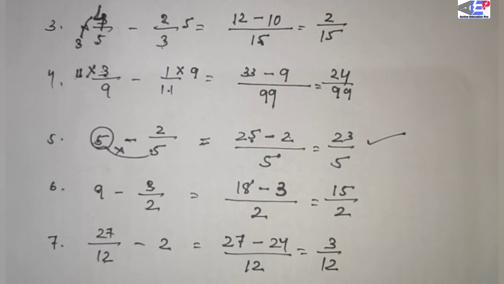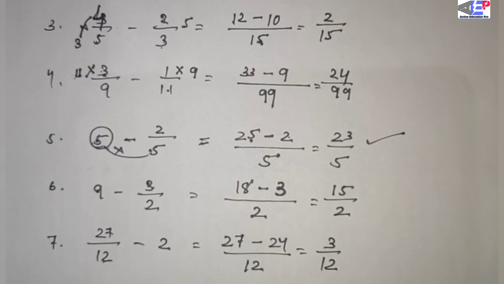These are the varieties of subtraction of fractions. In my last video we did addition, and this video was subtraction. In my next video we will do multiplication of fractions.